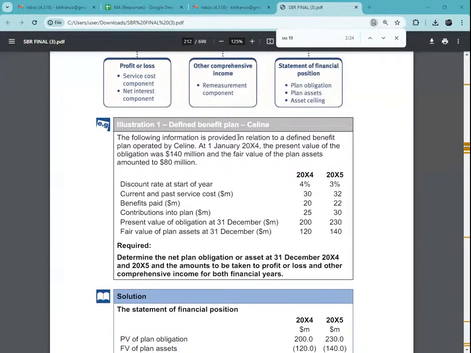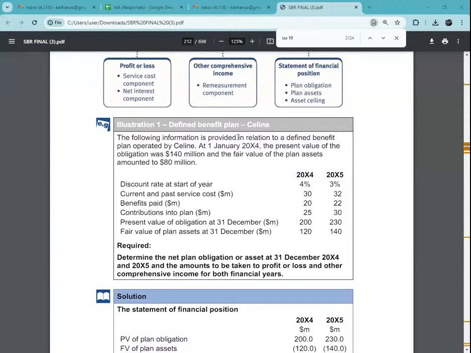At 1st January 20X4, the present value of the obligation was 140, and the fair value of the plan assets amounted to 80. So remember, we are talking of net obligation.